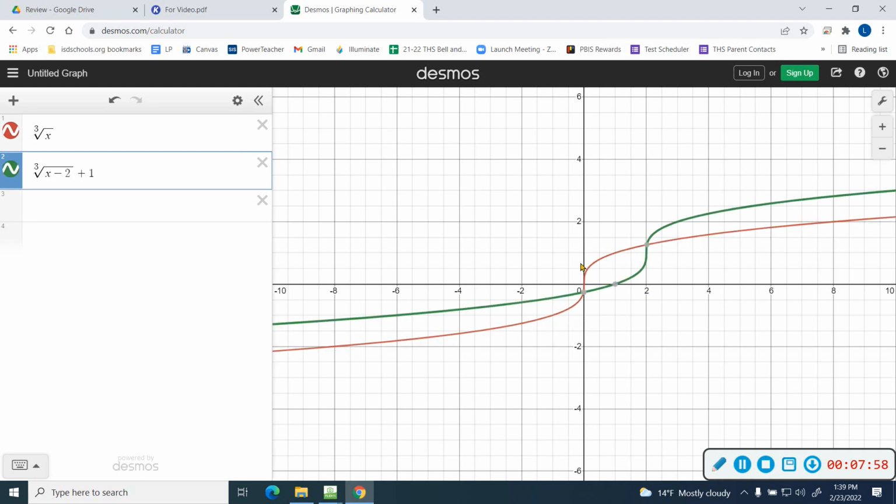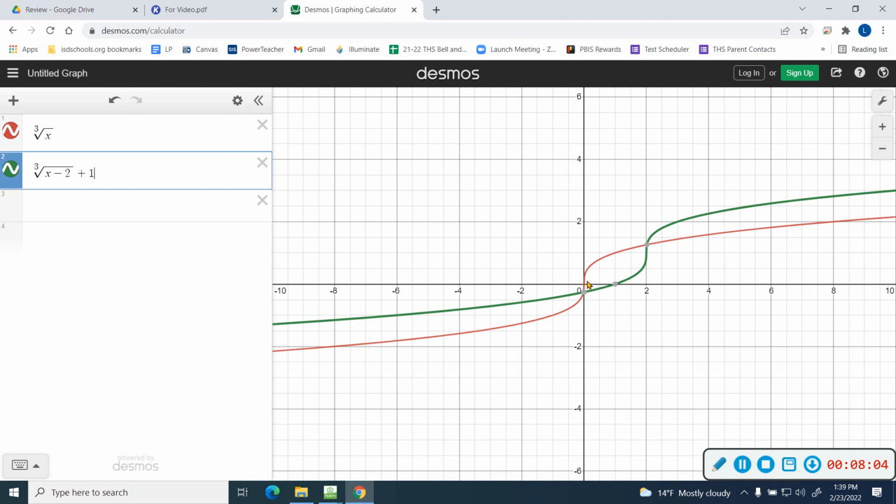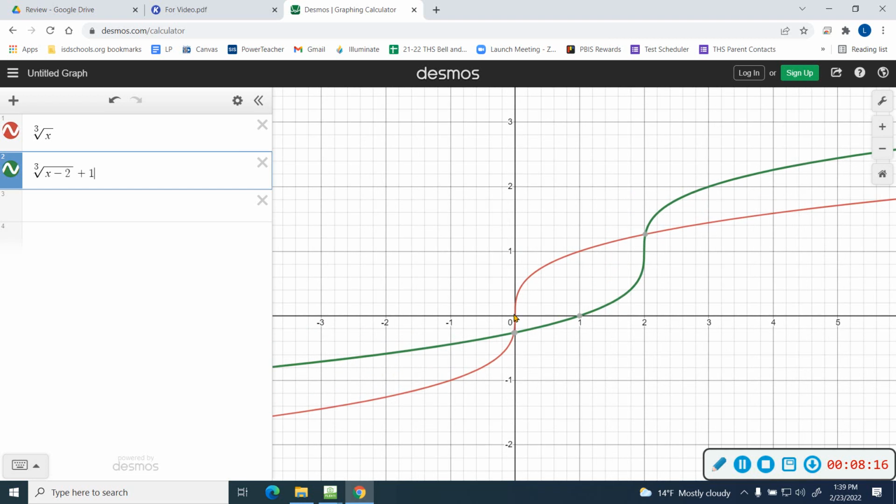So how are those different? Notice what happened. This was shifted 2 units to the left. So see, we call that the vertex. 2 units to the left and 1 up. See, it went 2 over, 1 up. And now it's right here. So that's how I would say that. This red went 2 to the right and 1 up.